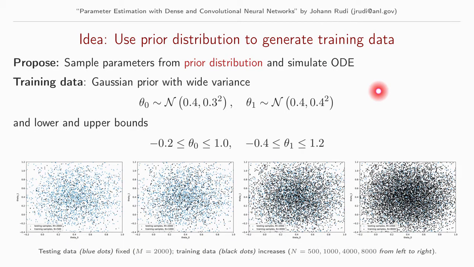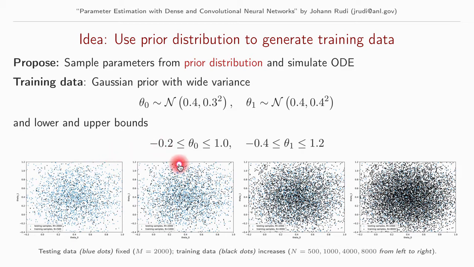Now, the second idea is to generate this training data. We want to use the prior that we've shown before. So thetas are represented by these Gaussian priors. That means we sample theta 0 and theta 1. And we also want to apply upper and lower bounds on them. And here's a depiction of 4 different sets of training data, which are the black dots, and a single set of the testing data, which are the blue dots.